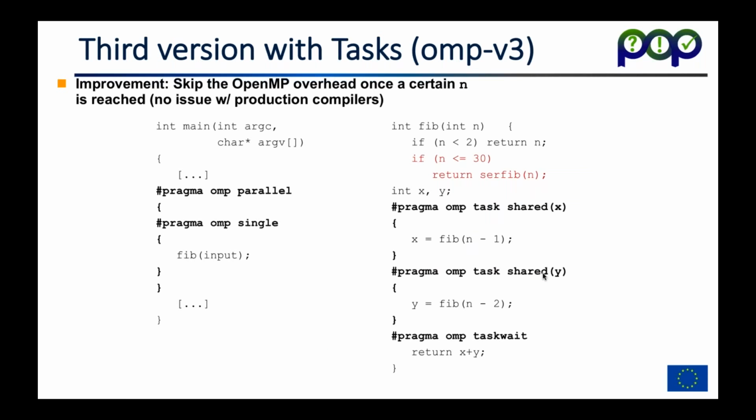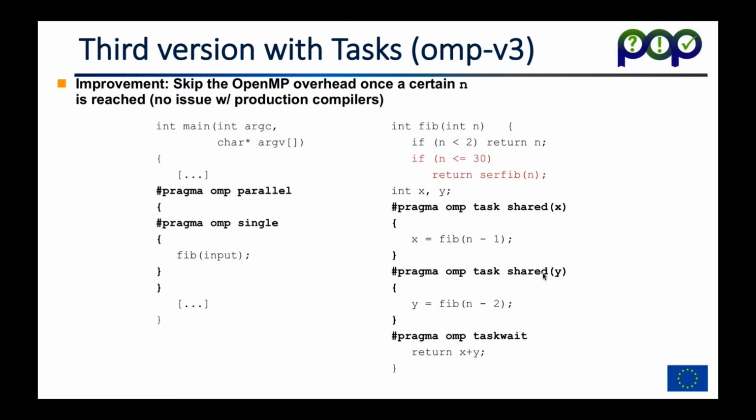If you want to get rid of this as well, you can also write a separate function, which here is called serfib, which is the serial version of the function you've shown at the very beginning, without any OpenMP pragmas. And if you reach, in this case, n equals 30, you just call this version once, and inside of this version, you have recursive calls to serfib again, which means you will never reach an OpenMP pragma again.